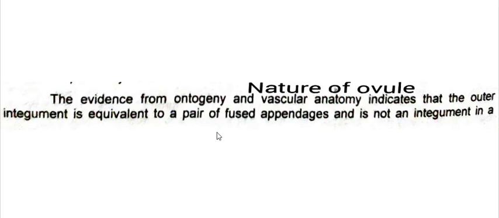After studying the history of development of the ovule and the internal structure of the vascular tissues, the outer integument present around this ovule is similar to a pair of fused appendages or outgrowths, and actually it is not an integument, it is the pair of fused outgrowths which is present around the ovule.